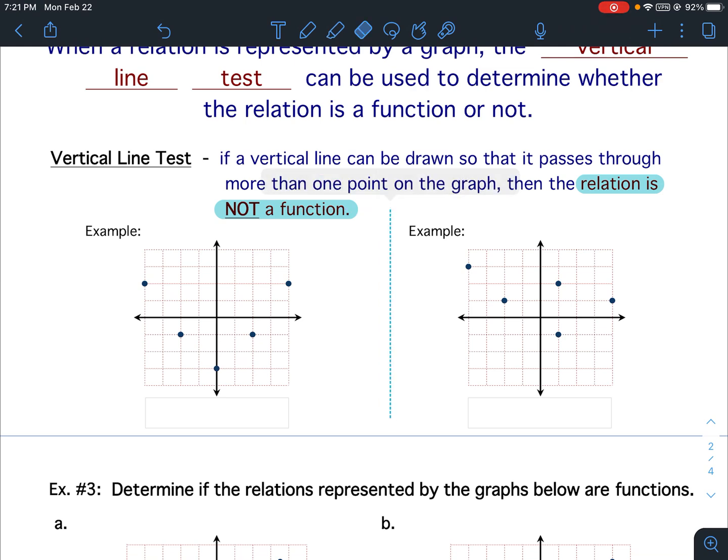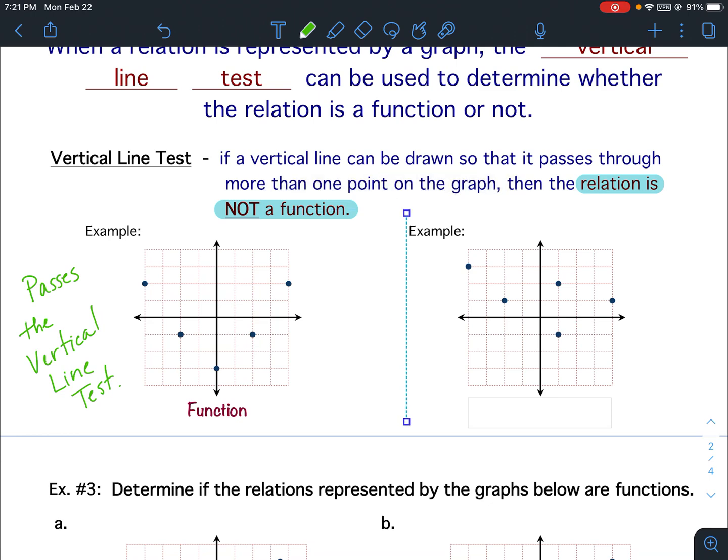So this is a function, and I want you to put passes the vertical line test. If I draw a vertical line anywhere on that graph, anywhere, it would not go through more than 1 point.